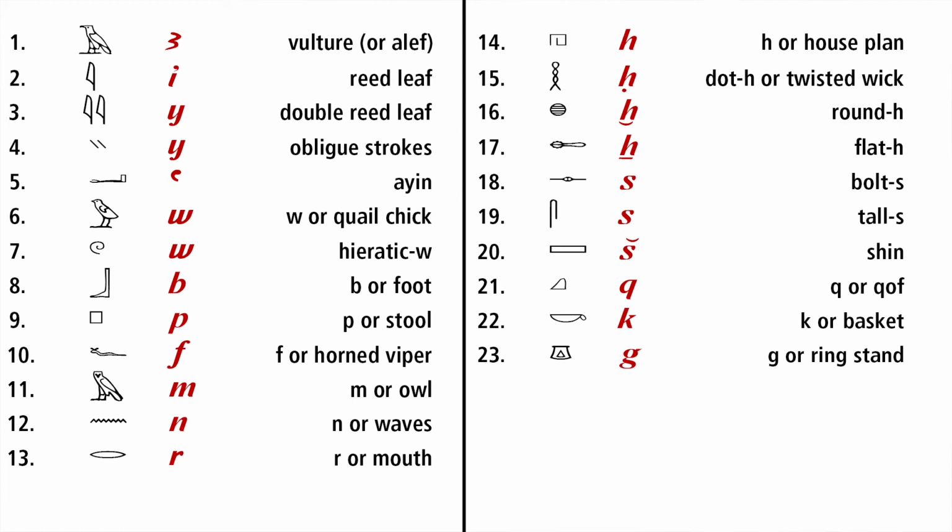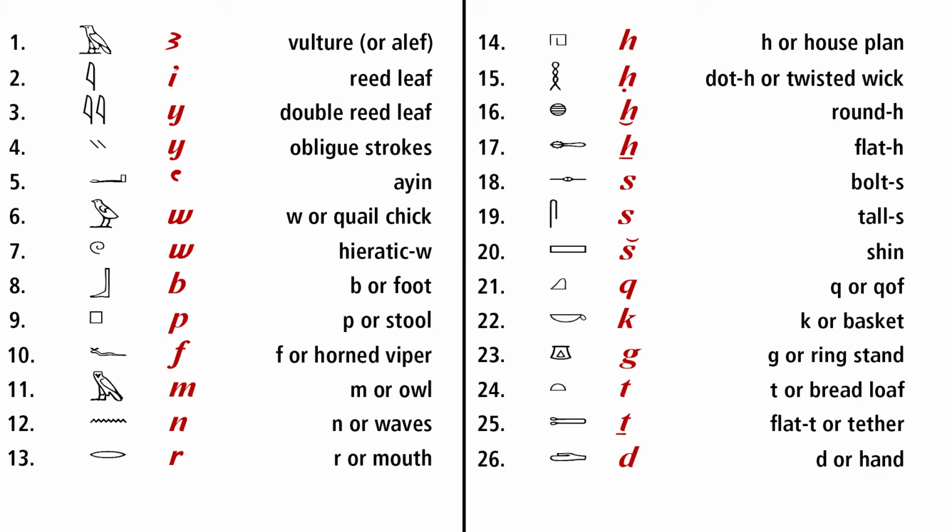And then we've got the two t's. The first t is the loaf of bread, or t as in Tom. And then the second t, which is a ch sound.